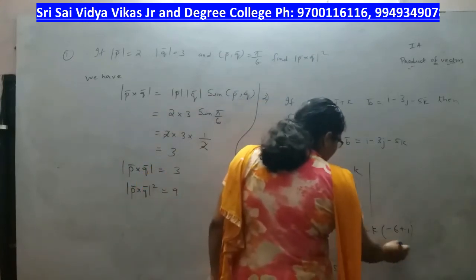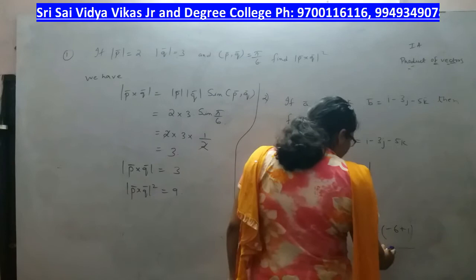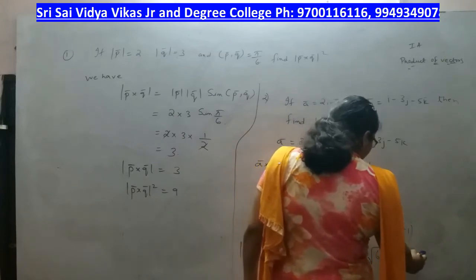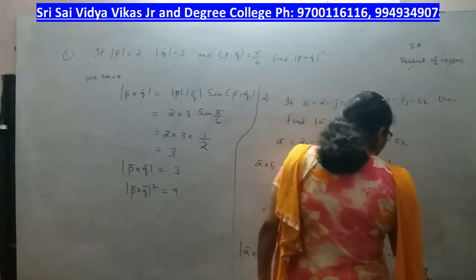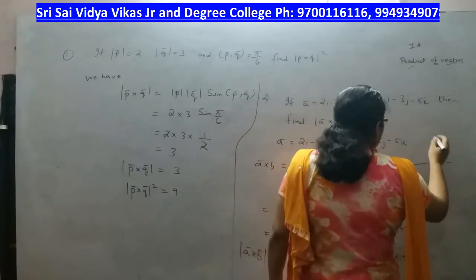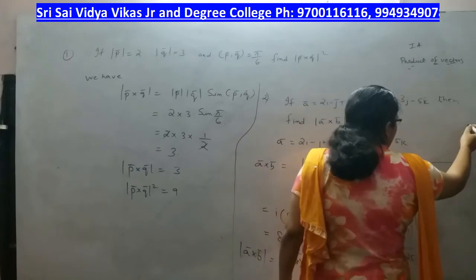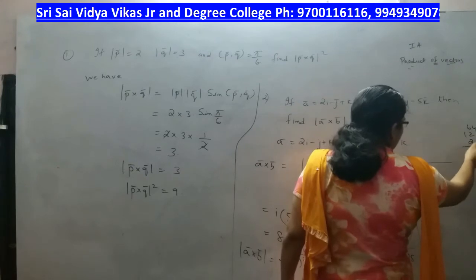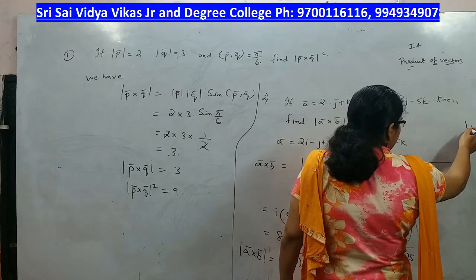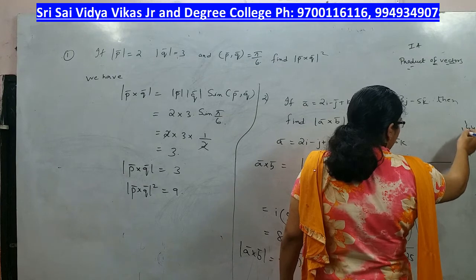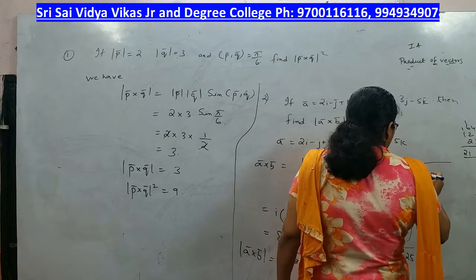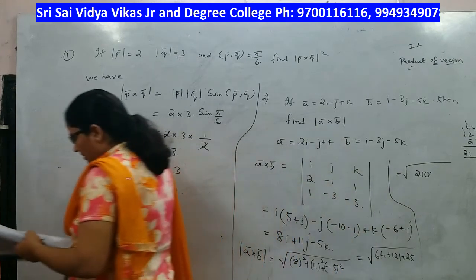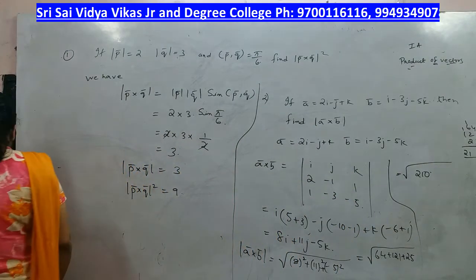That is nothing but 64 plus 121 plus 25, which adds up to under root of 210. That is what you get. Let us discuss the next problem.